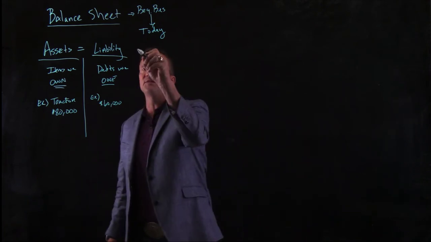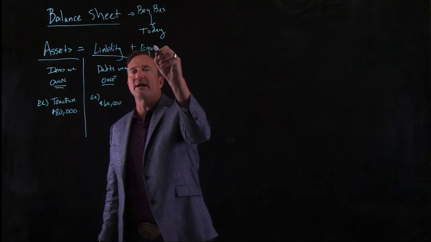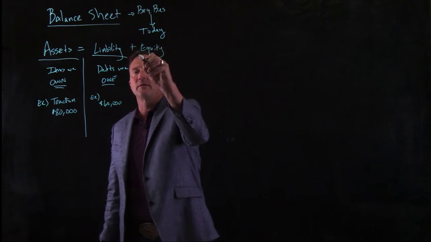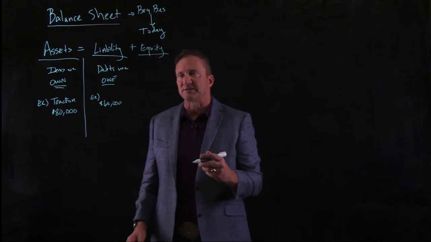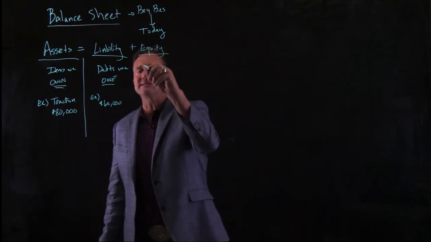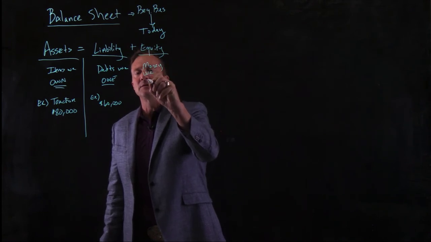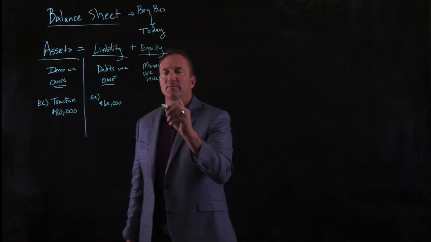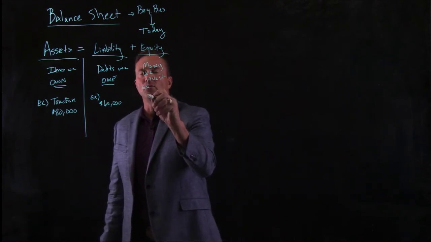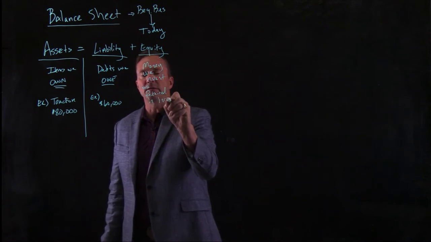So there's more on this side of the balance sheet. There is something called equity. Now, equity is going to be kind of two categories. This is money we invest. So that's what equity is. It's money we invest in our business or we retain in income.